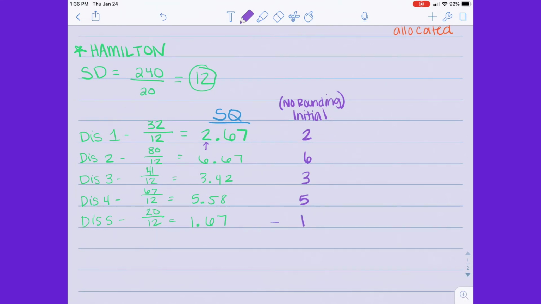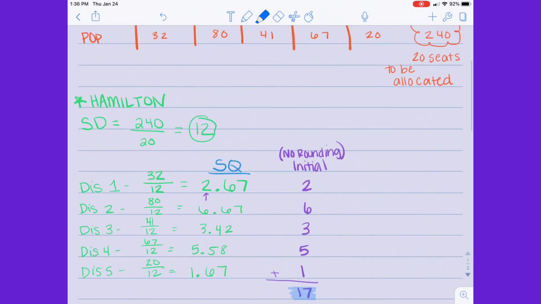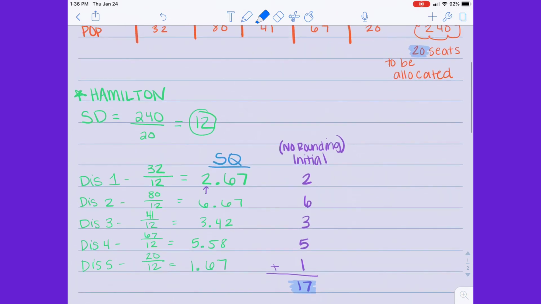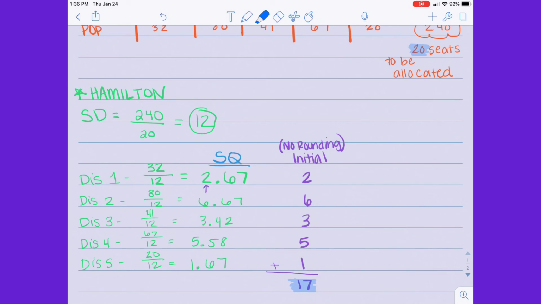I'm now going to total up those initial values. 2 plus 6 is 8, plus 3 is 11, plus 5, plus 1 brings me to 17. Now you're going to compare the number of seats you have based off your initial values, which is 17, to how many you are trying to allocate, which is 20. There is a difference of 3. I still have 3 seats that I need to assign to specific districts.